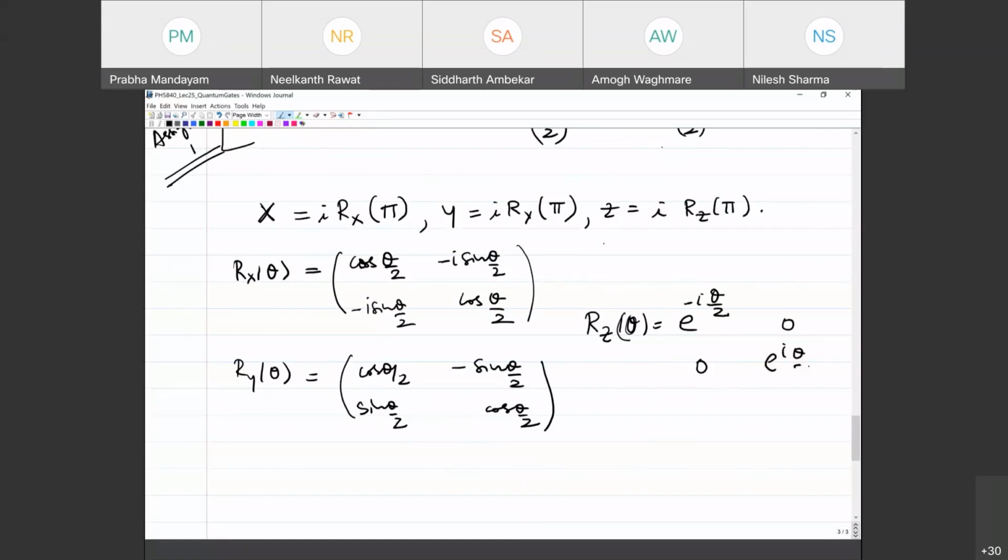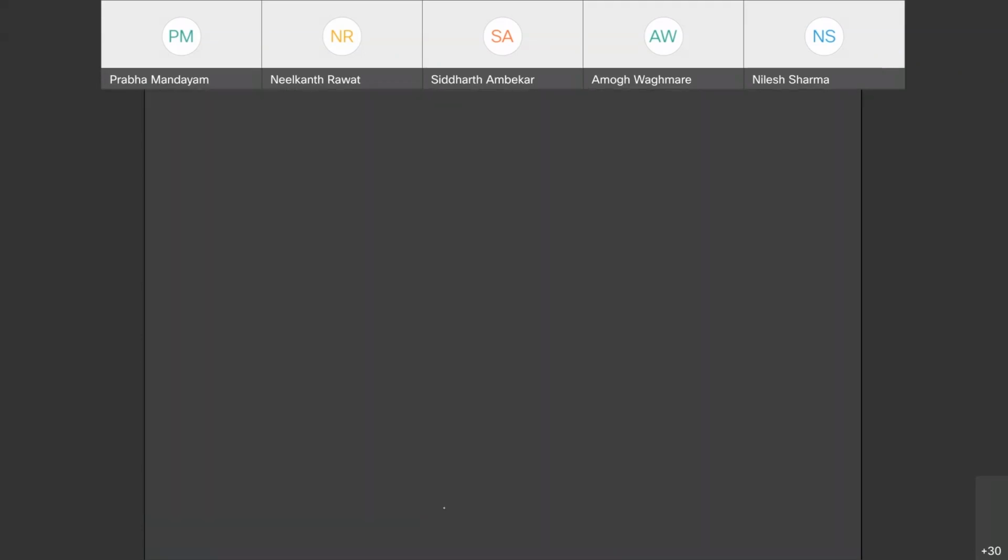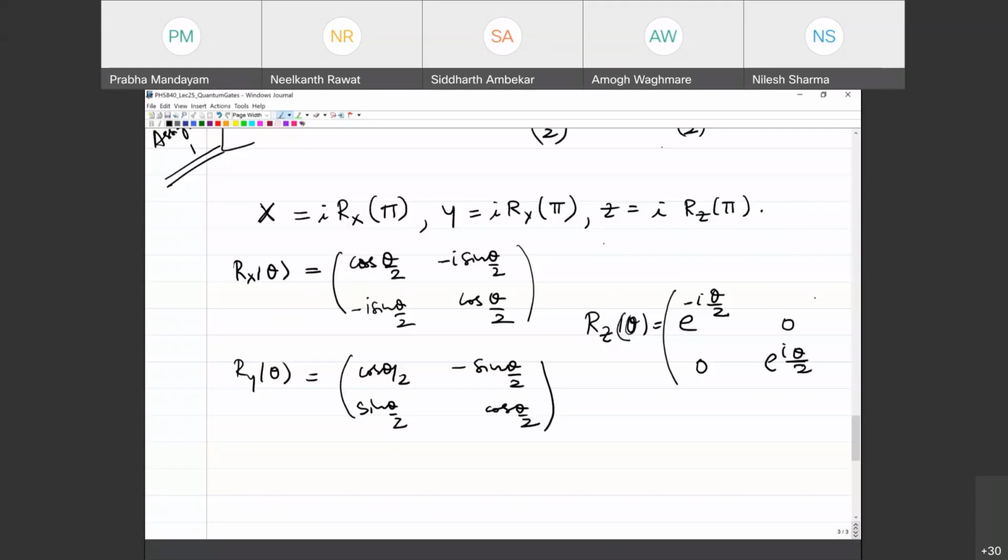In fact, in the next assignment, you will prove a more general statement about this. But basically this is what ensures that what you have is indeed a rotation matrix. This Rz should rotate by angle theta about the z-axis, and this Rx should rotate by angle theta about the x-axis. In order to do that, you have to define it with the half angle.